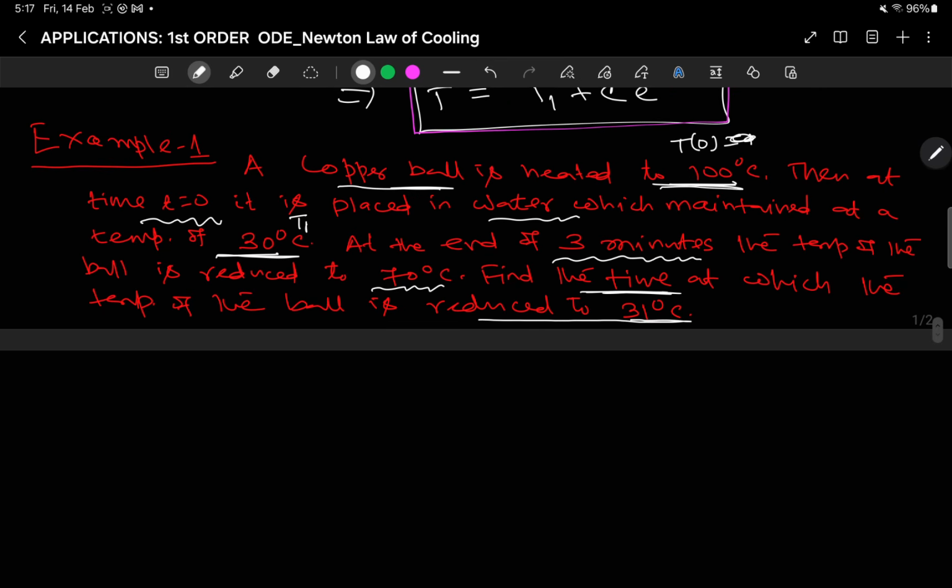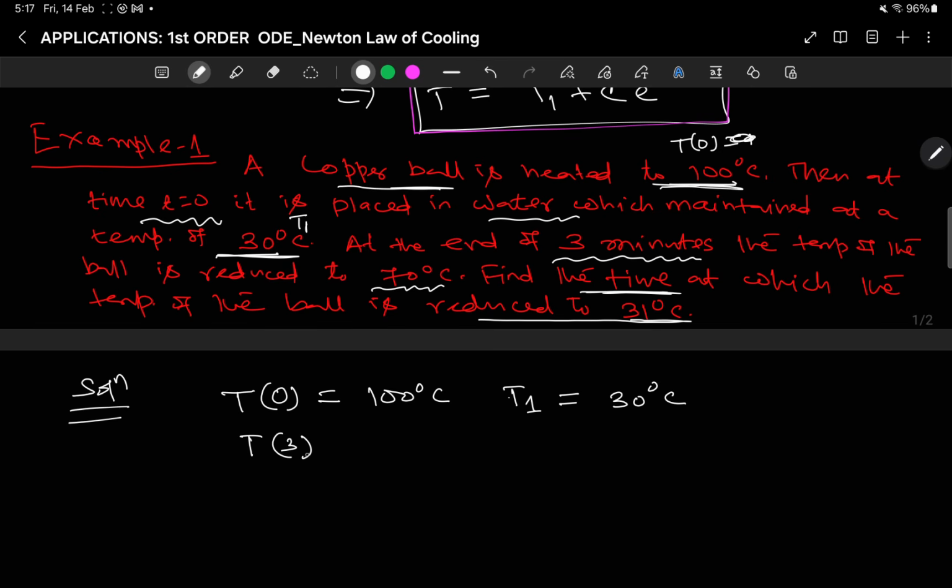If you analyze the question, the initial temperature of the ball is 100 degrees centigrade and the temperature of the surroundings is 30 degrees centigrade. After 3 minutes the temperature has dropped to 70 degrees centigrade because the surrounding temperature is less.